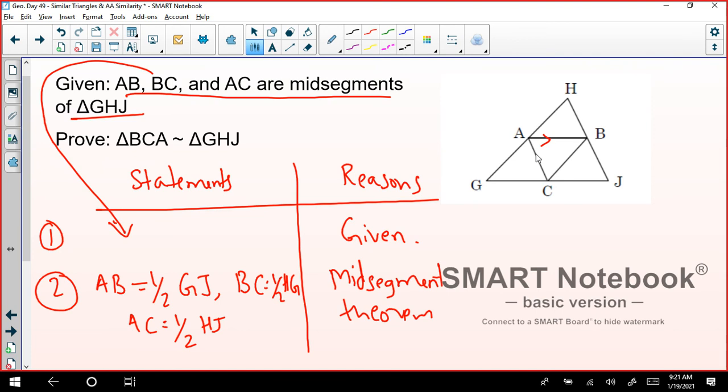Okay, and we also have AB parallel to JG, same way BC is parallel to HG, and HJ is parallel to AC.